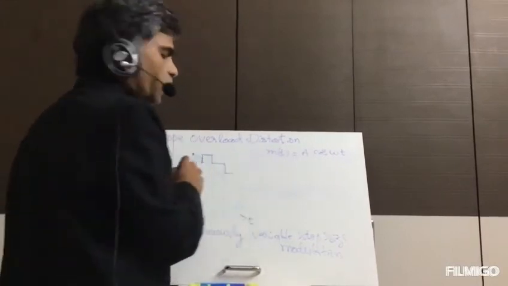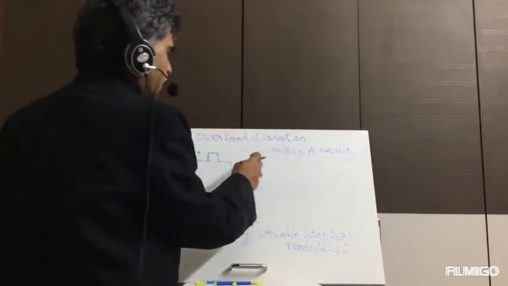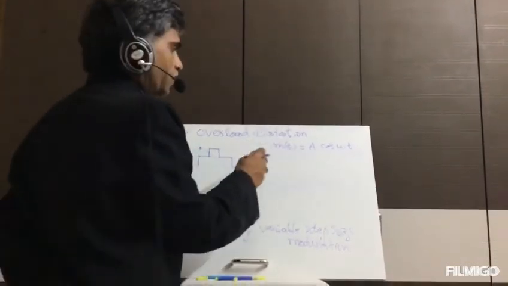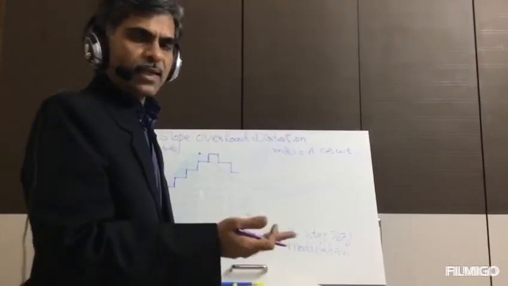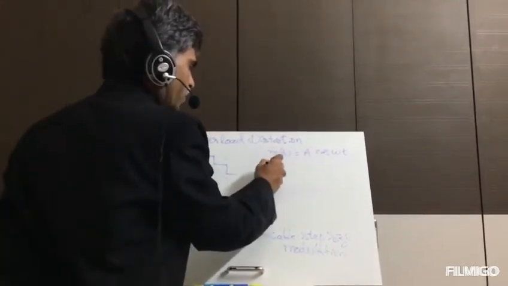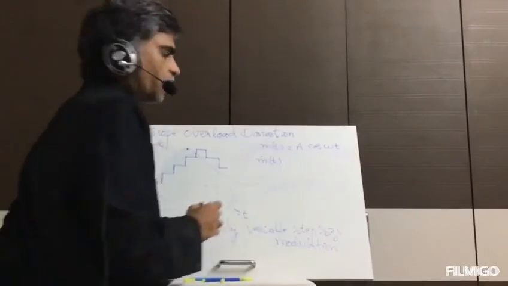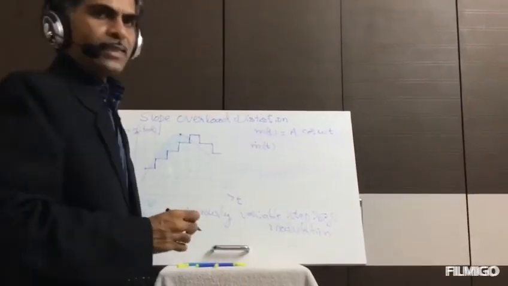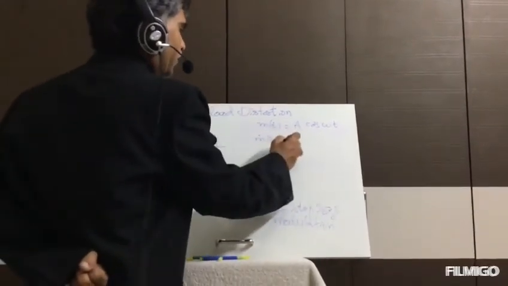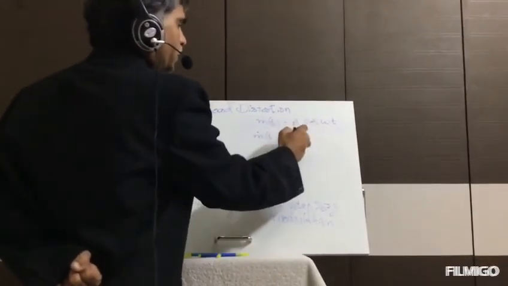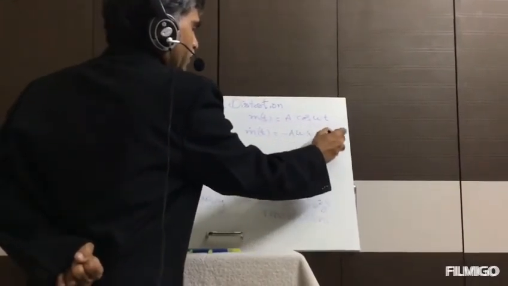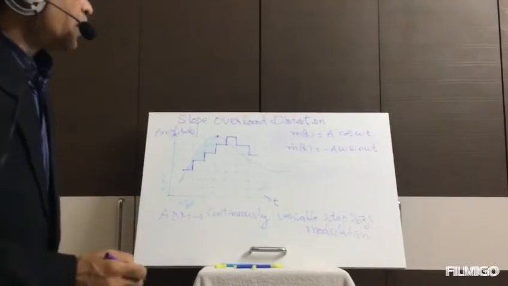Then the output of the delta modulator is a differentiated version of the input signal m of t. That is the signal which is going to be transmitted across the channel. So let us indicate the output as m dot of t, the differentiated version of the input signal, and it is given by minus A omega sine omega t.